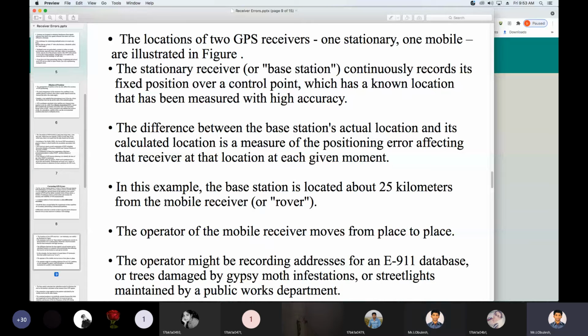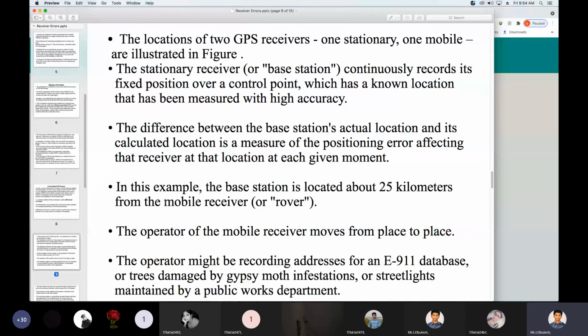The difference between the base station's actual location and its calculated location is a measure of the positioning error affecting that receiver at that location at each given moment.